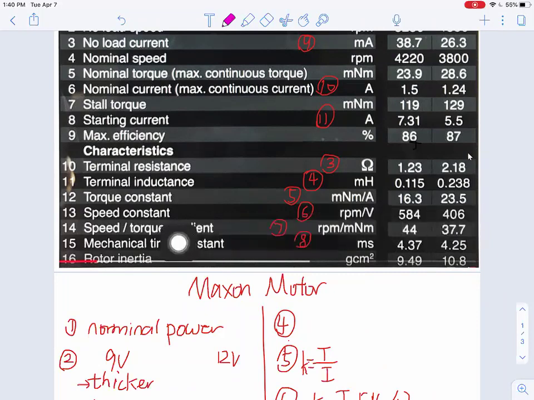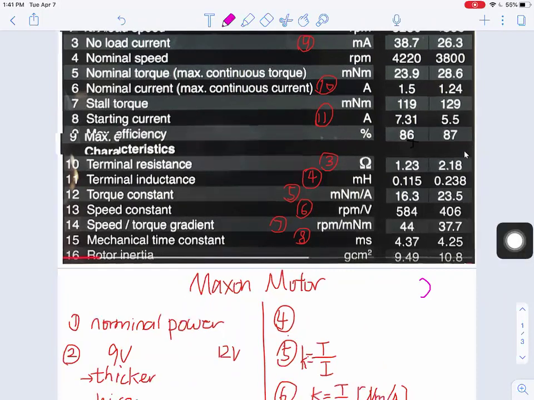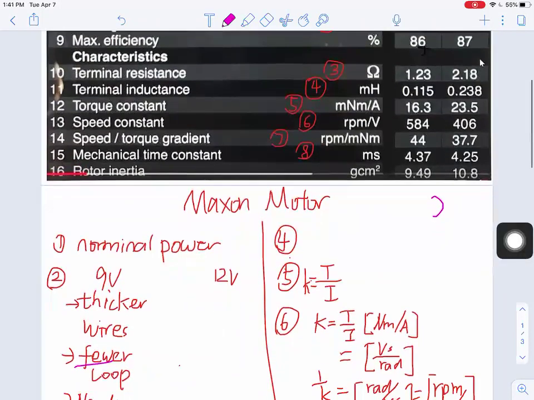Next, we can look at the speed constant. We didn't talk about speed constant, however, it's the same thing as the torque constant. Where this speed constant comes from: if you remember, we introduced two different units for the torque constant, K. One unit is newton meter per amp, which we just mentioned. Another is the SI unit, voltage times second per radian.